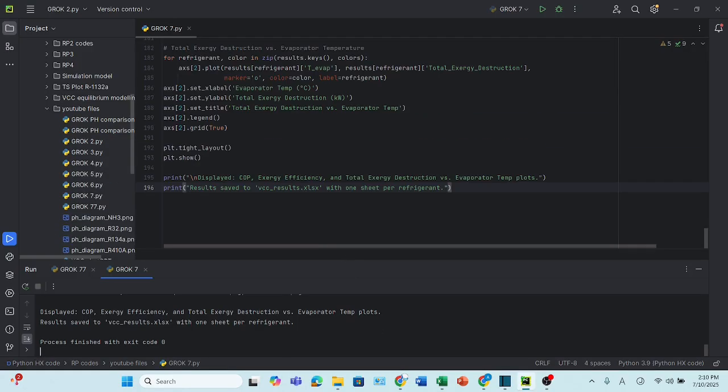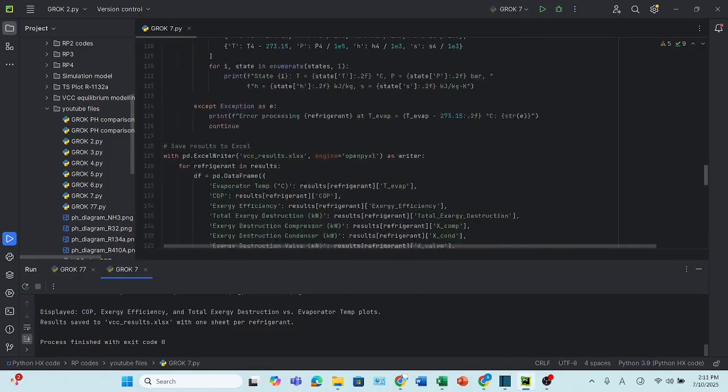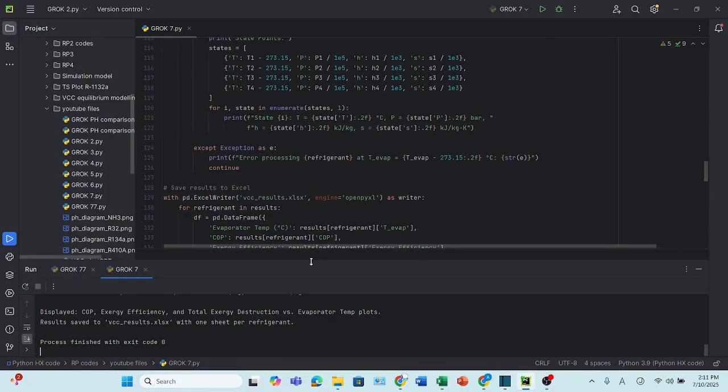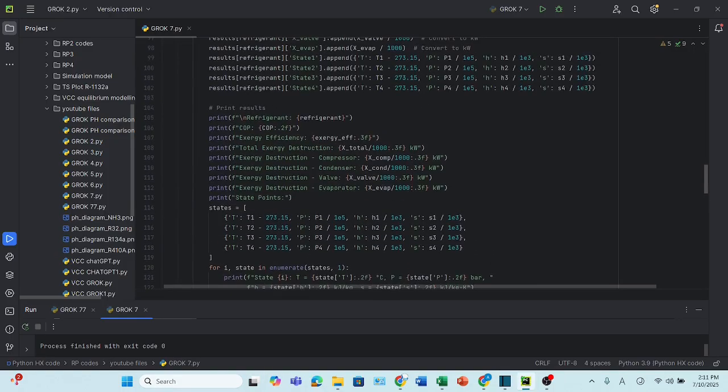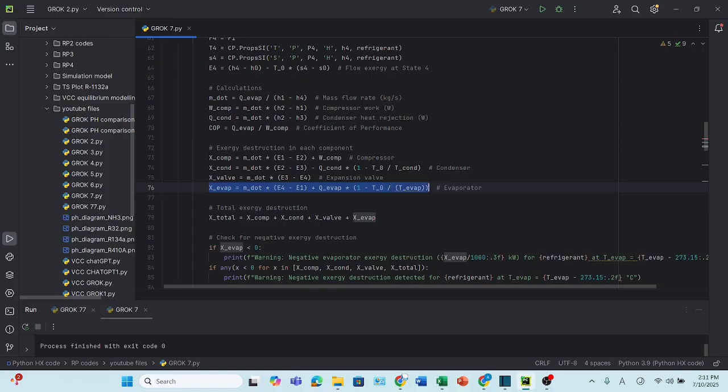So why is it happening? It is happening because, for calculating the exergy destruction for the evaporator, we have to go to its formula. Here you can see it is dividing by the evaporator temperature, but actually the temperature of the refrigerated space or room to be cooled is greater than the evaporator temperature due to the temperature difference.